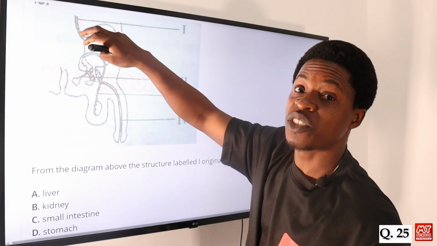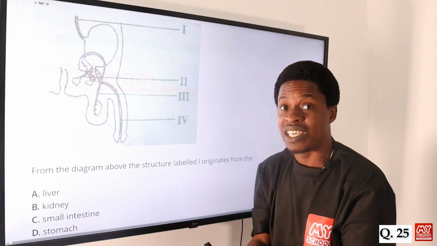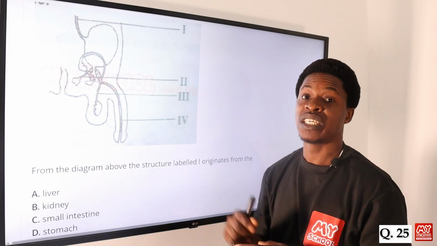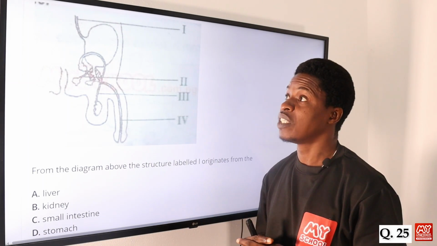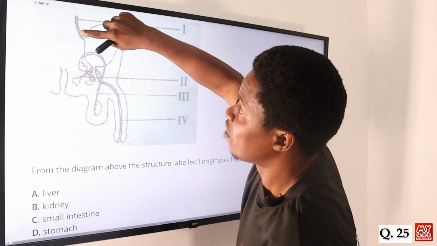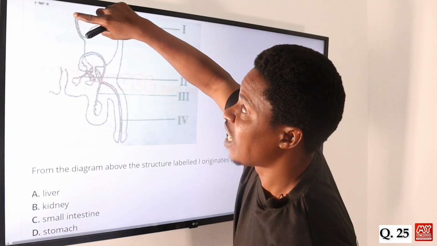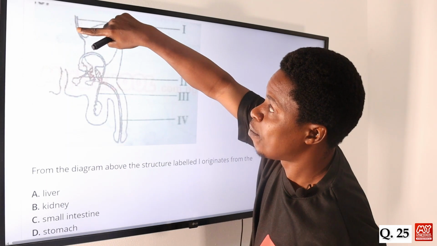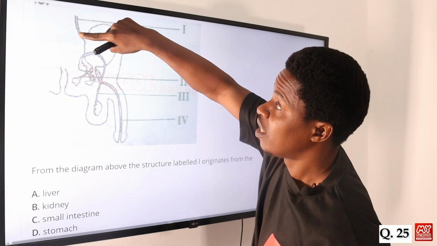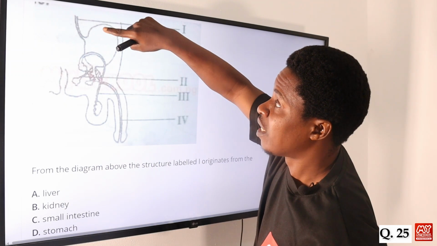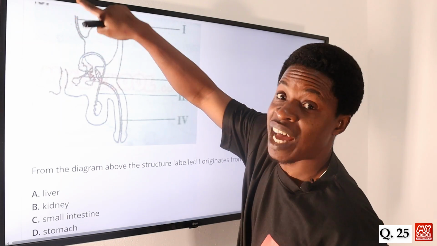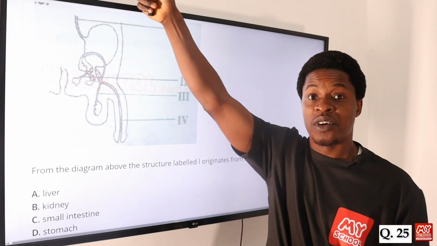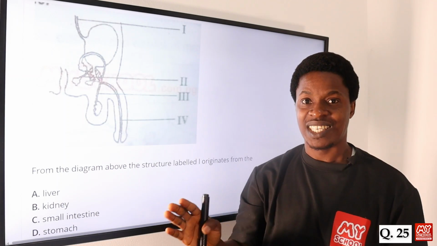In the bladder, that is where the urine is stored first, before it is ejected out of the urethra, then out of the body as waste, as an excretory product. This is what we call the ureter, U-R-E-T-E-R. That is the ureter carrying the urine into the bladder to be stored here. And don't forget, it is coming from where the ultrafiltration and reabsorption of the blood took place, which is the kidney.